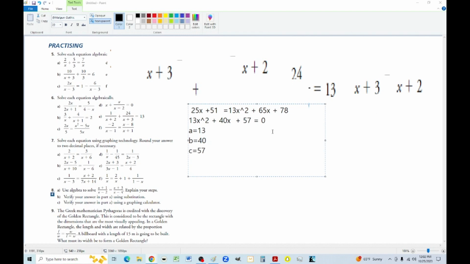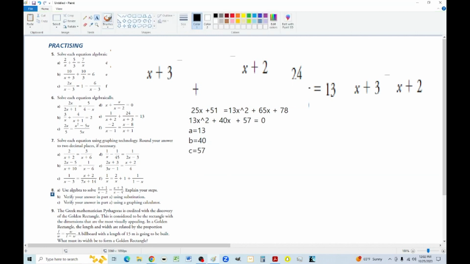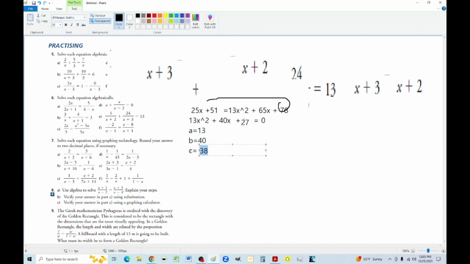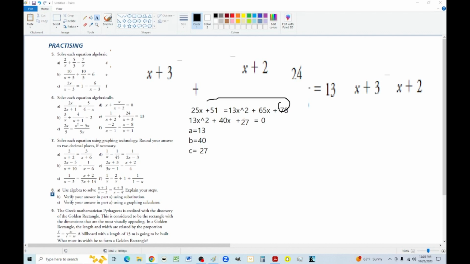Oop, I did a small error on the 57. This 51 subtracting from 78 is 27. So plugging that in and hitting calculation.